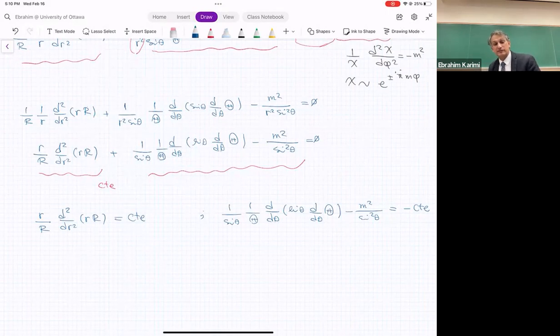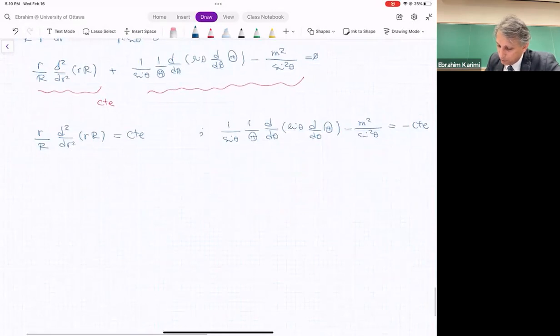Usually when you deal with spherical, I will suggest you to change the variables or change the function. So assuming that r capital is given by r divided by square root of r, or r divided by r power of alpha, and then you find alpha, which usually is alpha equal to -1. So it will be r capital divided by r small. Then you will simplify the equation a little bit. But in general, I don't do that.